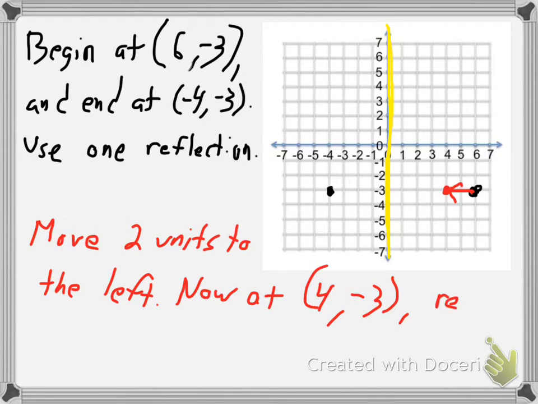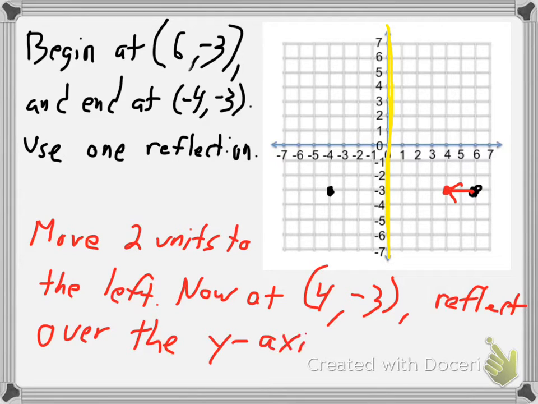So I'm going to reflect over the y-axis. And once I've reflected over the y-axis, I would see that I am now 1, 2, 3, 4 spots away. So a reflection would have to be the same number. 1, 2, 3, 4. And there I am, exactly where I wanted to end.